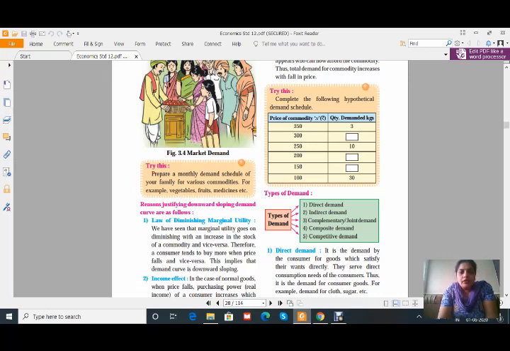What it says is that we have seen that marginal utility goes on diminishing with an increase in the stock of a commodity and vice versa. Therefore, a consumer tends to buy more when price falls and vice versa.